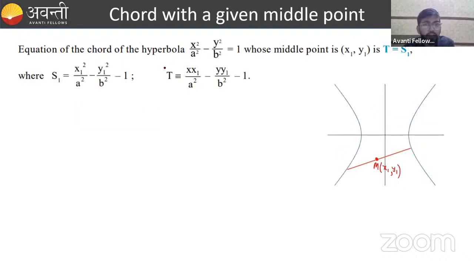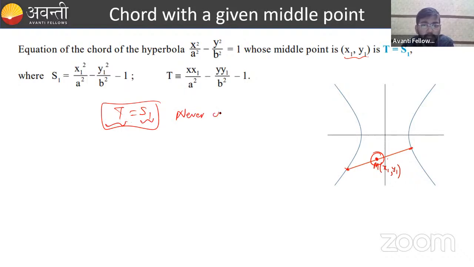Now, the equation of the chord of the hyperbola whose middle point is given. In this diagram you can see this is the chord to the hyperbola and its middle point is given to us. Then the equation is T = S1. So S, S1, T, all these things never change. They are the same in all the conics.